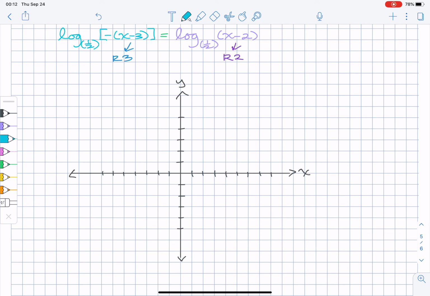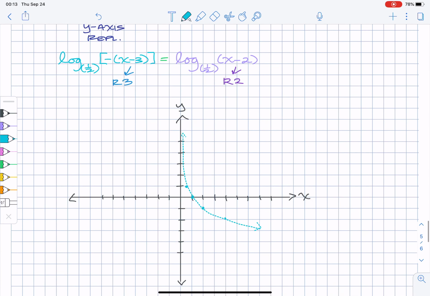So it's going downhill instead of uphill, right? So at 1/2, it'll be 1, at 2, -1, etc. So at 4, -2, so it's going to look something like so. So that's the unreflected and unshifted graph.